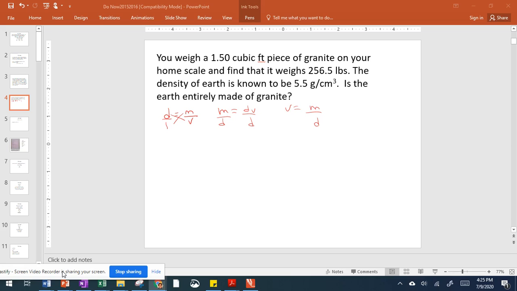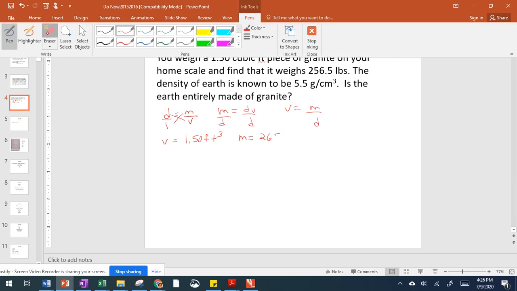So we're going to plug in the information, but remember we have our volume is equal to 1.5 cubic feet. We have our mass is equal to 256 pounds.